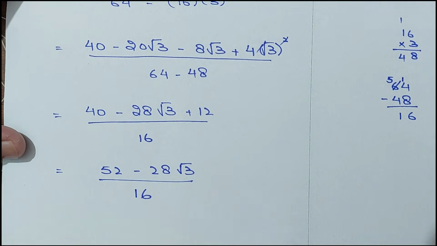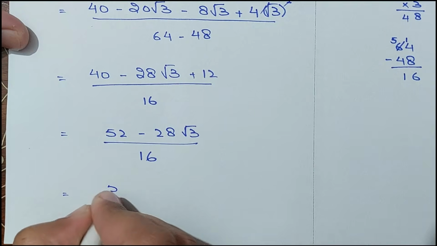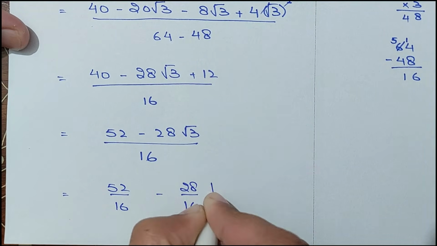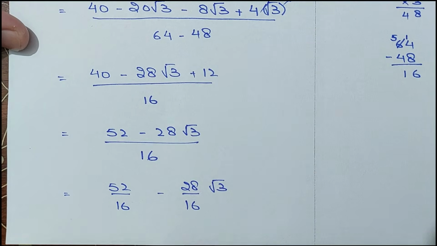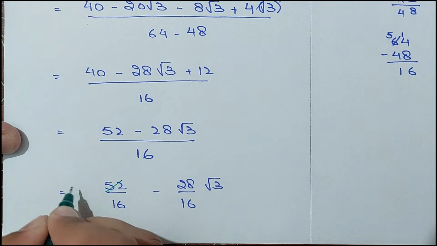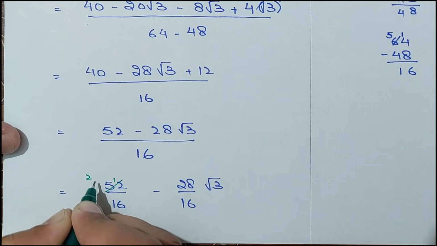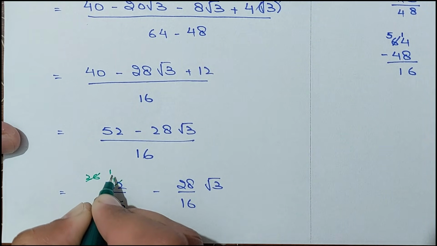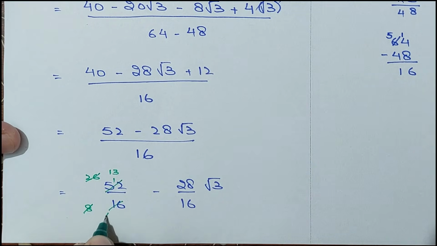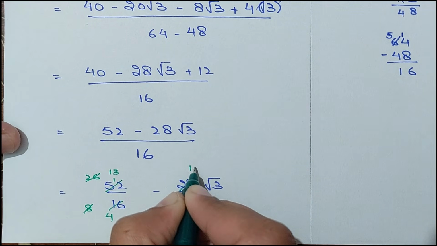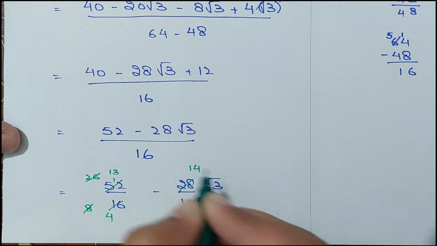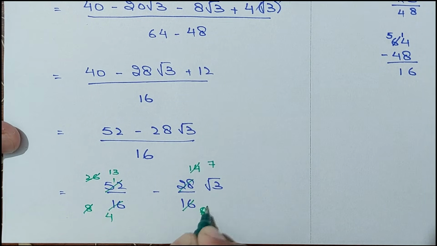We need a further simplification. This would be 52 over 16 minus 28 over 16 root 3. Okay, cancel this out by 2: 2 times 26 is 52, 2 times 8 is 16, 2 times 14 is 28. Then cancel again by 2.